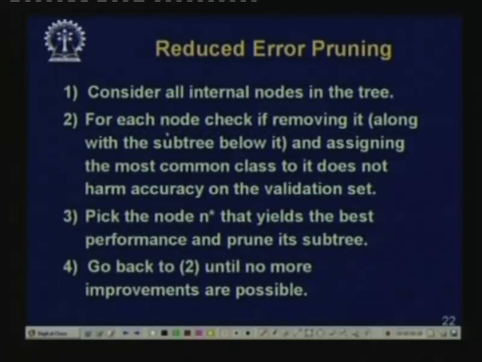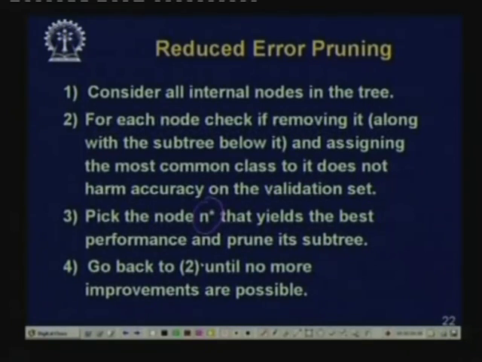For each internal node, we check if removing the node along with the subtree below the node and assigning the most common class to this node improves accuracy on the validation set. So we find out those intermediate nodes for which there is an improvement in accuracy, and let n star be the node for which the increase in accuracy is maximum.